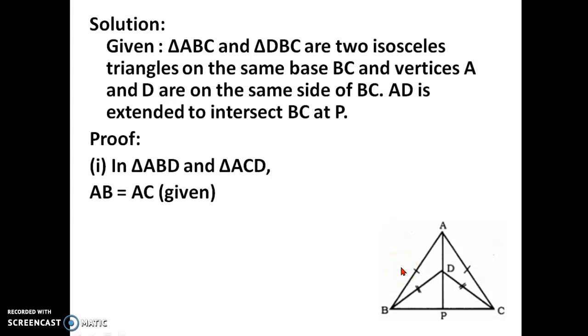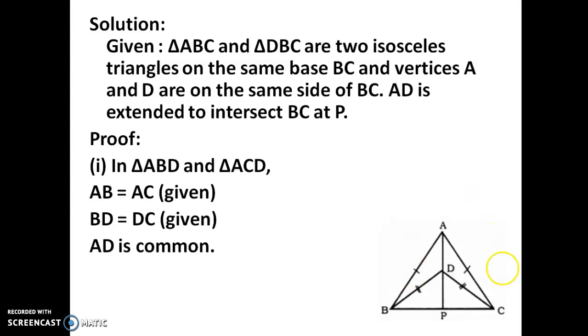In this, AB is equal to AC. Why? Because it is given that it is an isosceles triangle, so these two sides are equal. Then BD is equal to DC. This is also given, because in this small triangle these two sides are equal; it is also an isosceles triangle.